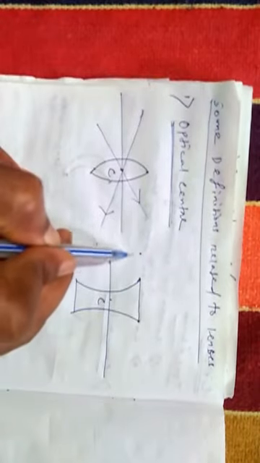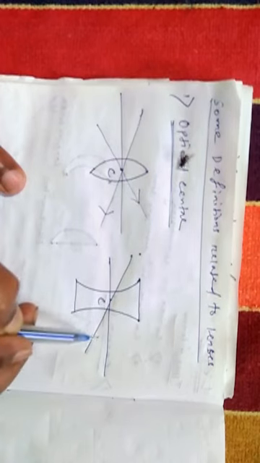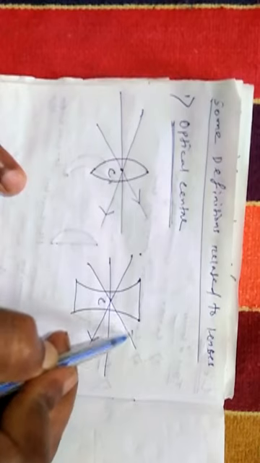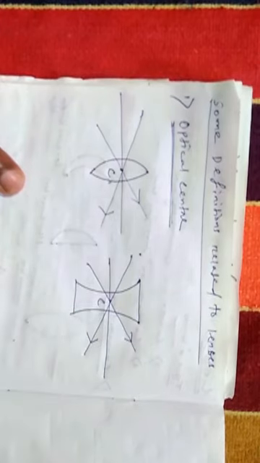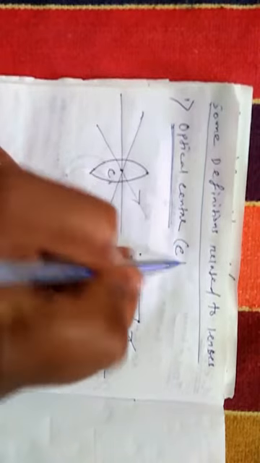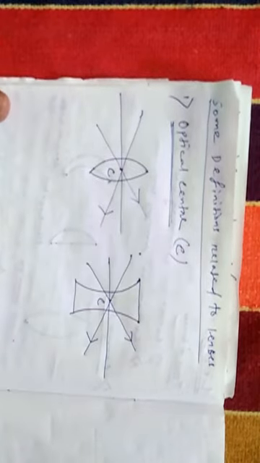Whether it is concave or convex, if the light ray passes through the optical center, it goes undeviated, which means it goes straight. So what is optical center? Optical center C is a point on the lens at which a ray of light passing through it goes undeviated.